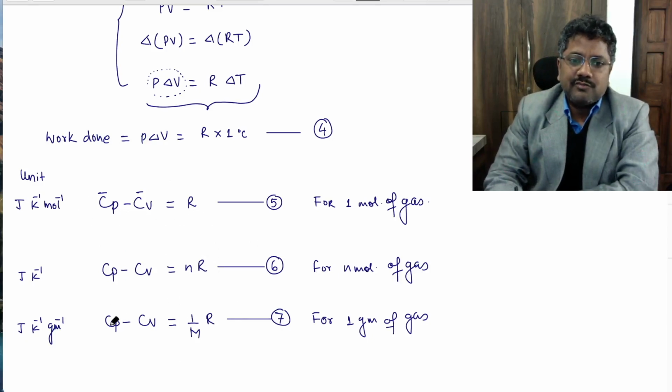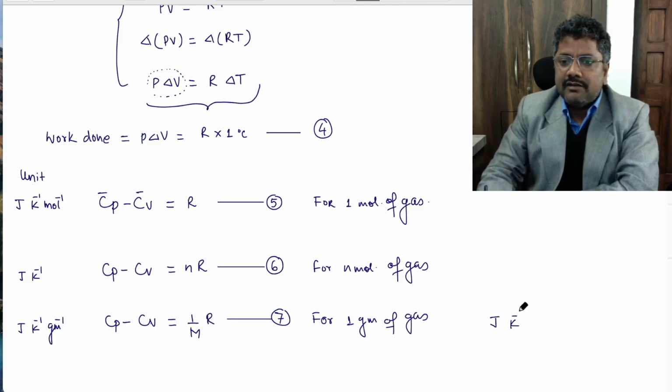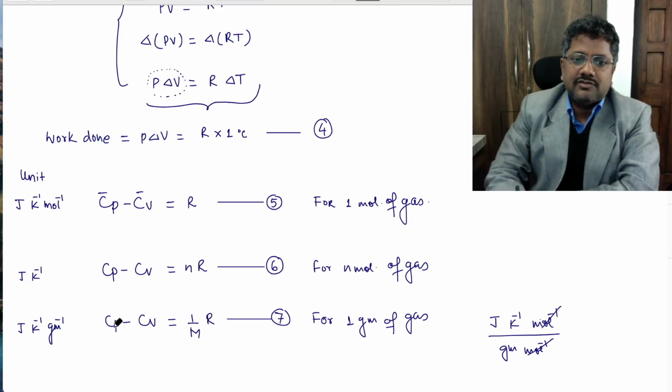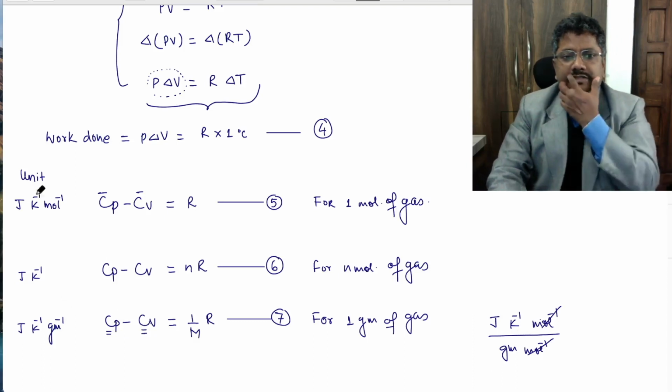And here joules per Kelvin per gram, and here the unit of R is joules per Kelvin per mole, divided by the unit of molar mass, grams per mole. So per mole cancels. So the unit of the right hand side is also joules per Kelvin per gram. So this is the unit.